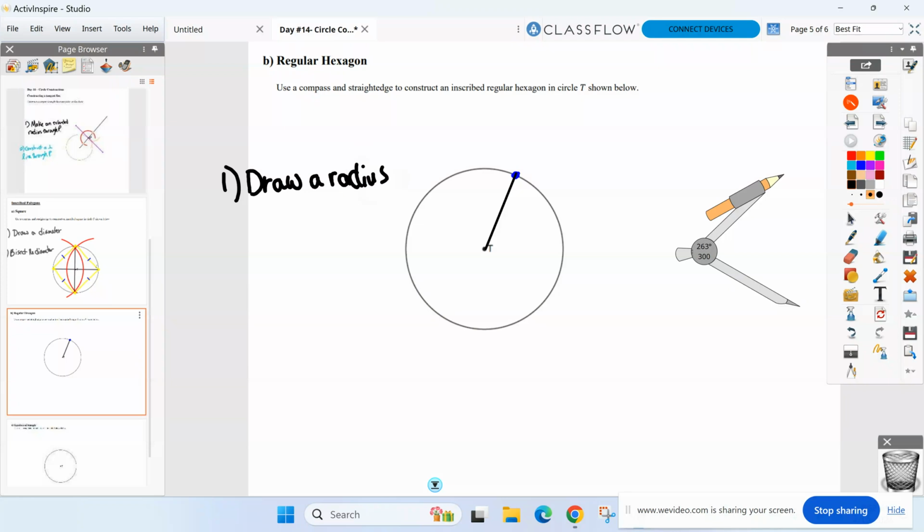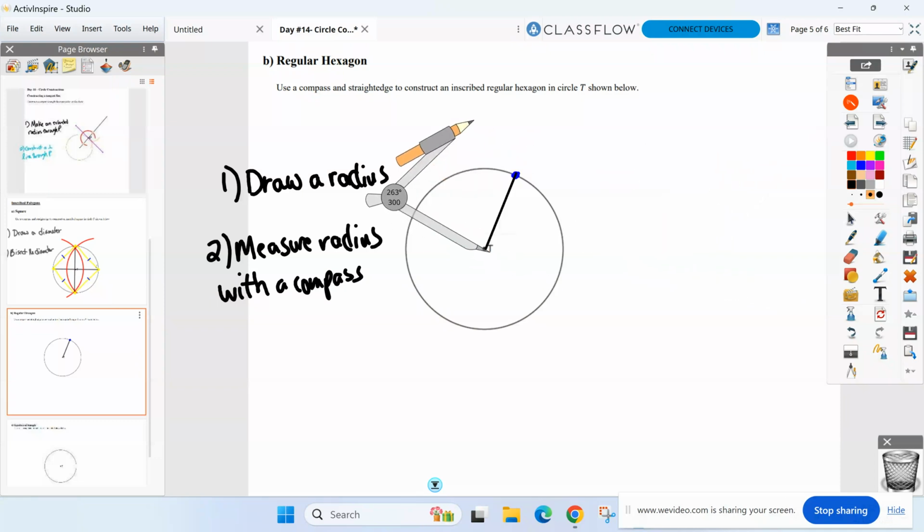Measure the radius with your compass. So we draw a radius, measure it with your compass.